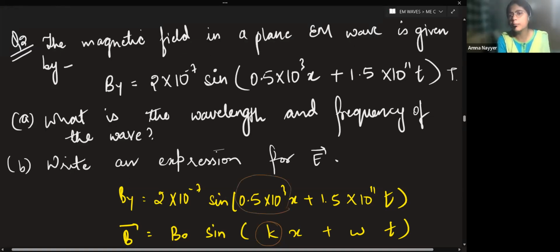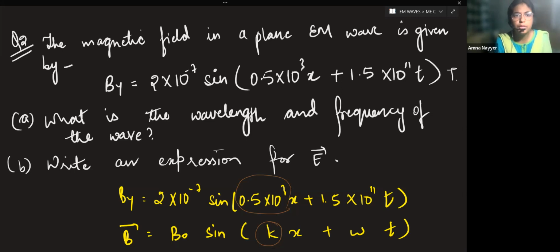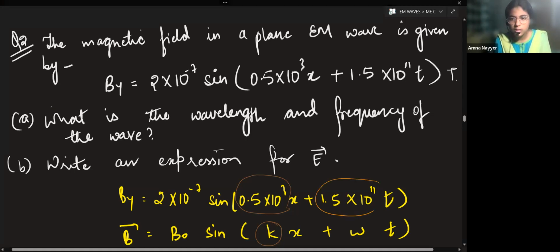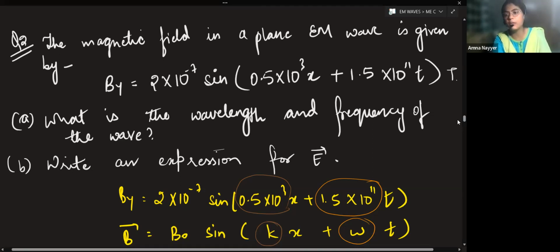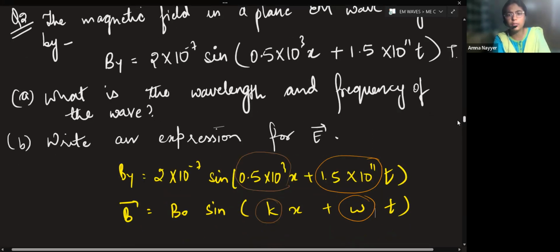If you compare both these equations, you will understand that this is k given. Here is also kx plus omega t. Now, if you have k, you can easily get the value of wavelength. If you have angular frequency, you can easily get the value of linear frequency.